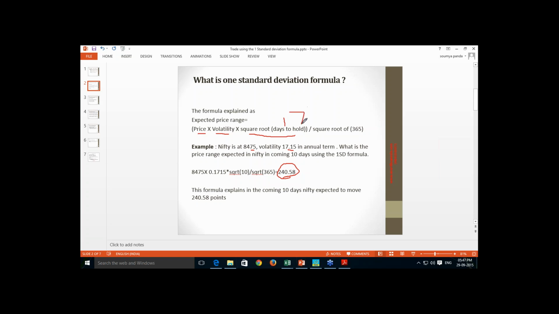Whenever we require it for weekly, we have to take 7, not 5. 7 days we have to take, because 7 days is considered as a week. Trading days are not counted, you have to take the calendar days. If you take 10 days or 15 days, you have to give it here. The basic logic of taking calendar days is that you get interest on your capital based on calendar days.